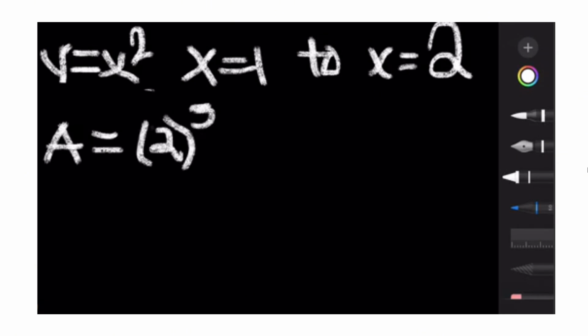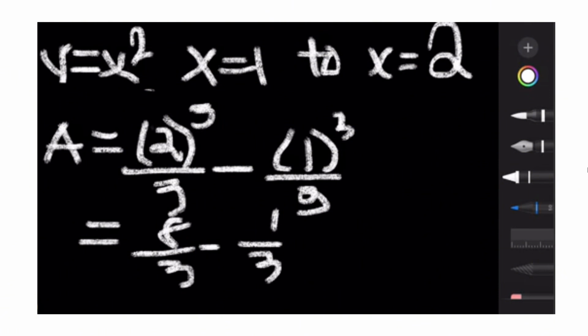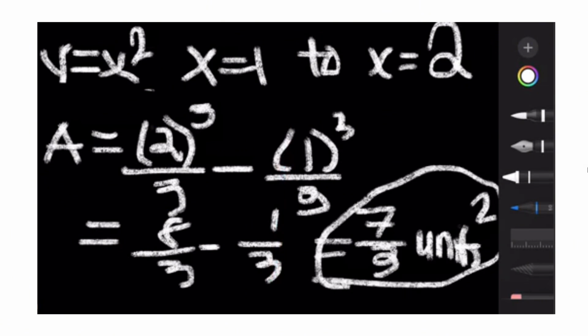It's going to be 2 cubed over 3 minus 1 cubed over 3. This will have the value 8 over 3 minus 1 over 3, and we'll have 7 over 3 units squared. So this is our final answer.